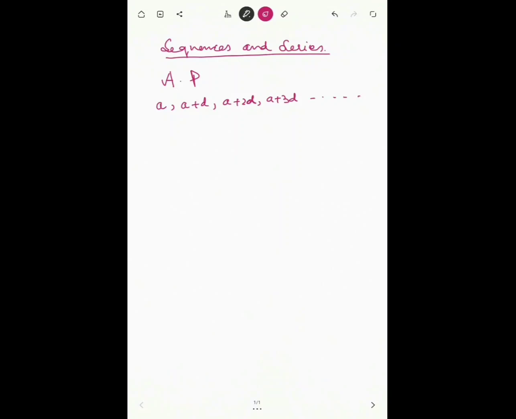Right? So what we have to recall, what is the nth term? A is the first term, D is the common difference.